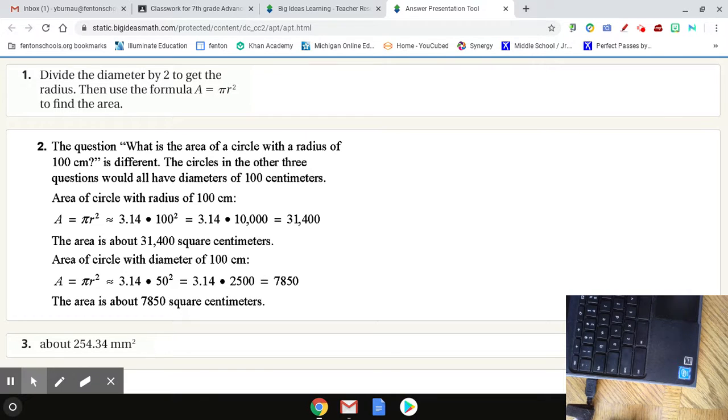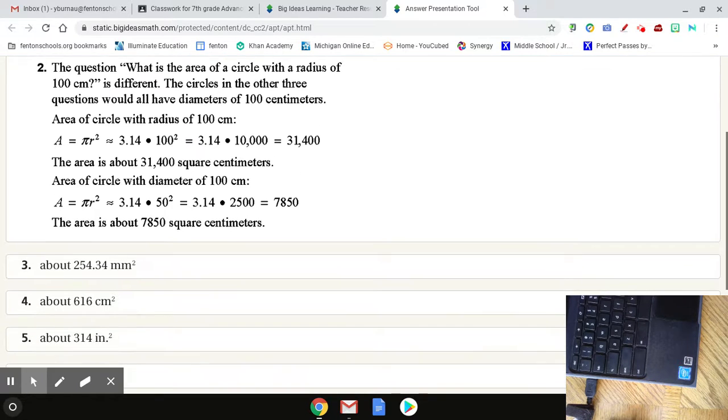Sorry, taking me a little bit longer. So the radius of one of them is 100 and the other one's diameter is 100. That makes sense. So that one is the one that's different, the radius of 100 centimeters. And I don't even see that in the problem though. Oh yeah, it is. It would be the second box on the left-hand side. All right, so that one is different.